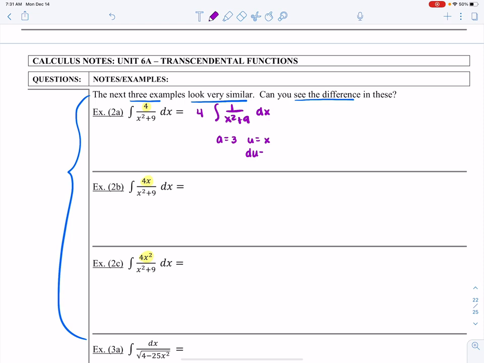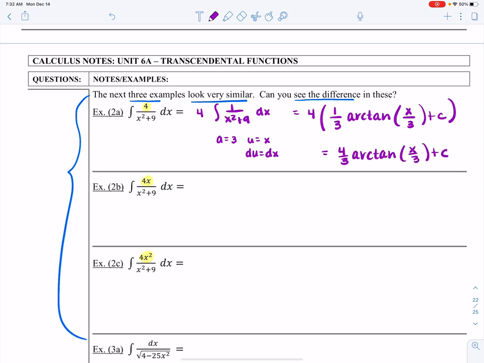That will make my du just dx. You don't have to rewrite this, so we're going to go right for it. I'm going to keep my 4, and then remember that arctan has a 1 over a arctan u over a plus c. That'll give me a final answer of 4/3 arctangent of x over 3 plus c.